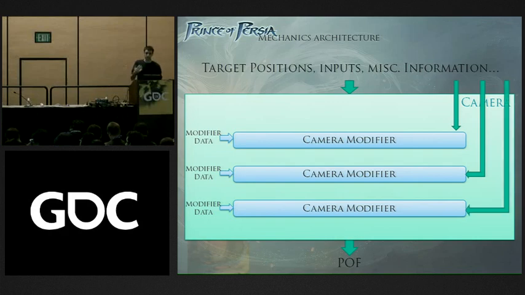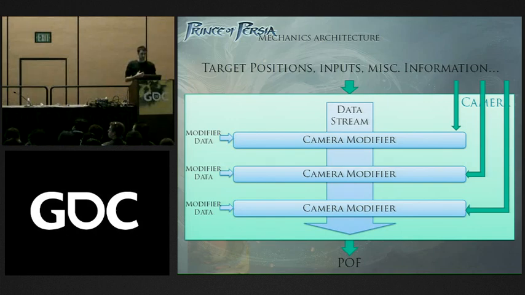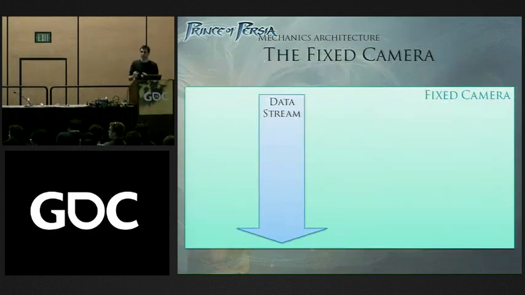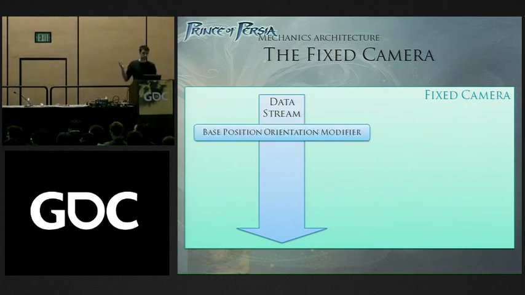Each modifier takes the target position and the input as input. And there's a communication process between all those modifiers. It looks complicated, but it's really simple. One modifier does a very specific operation, for example on the camera position. It gives its result to the next modifier, which does its own process, and so on.